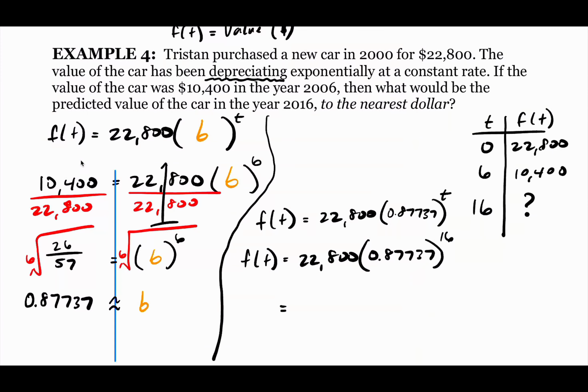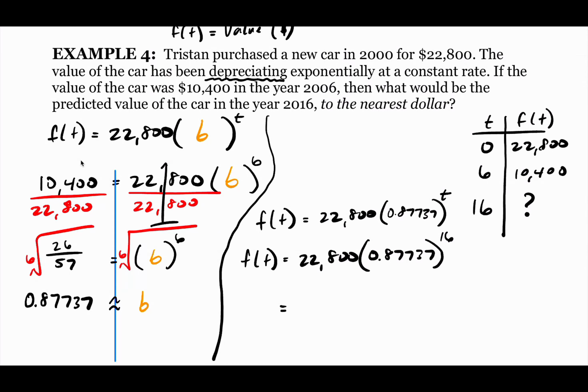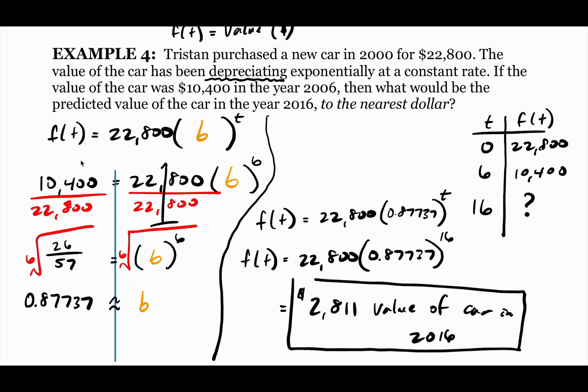They want me to round to the nearest dollar, so the nearest dollar is the ones. So 2,811. 2,811 is the value of the car in 2016.